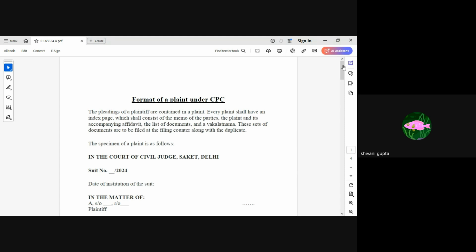No one is asking you to start studying the CPC from Rule 1 or Section 1. Just go through the procedure and follow it, then start studying. You will find it more insightful and more interesting than the CrPC and criminal law.